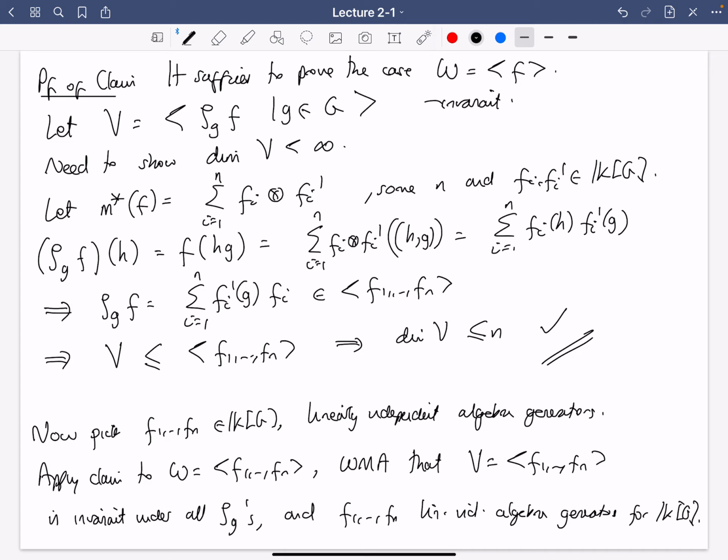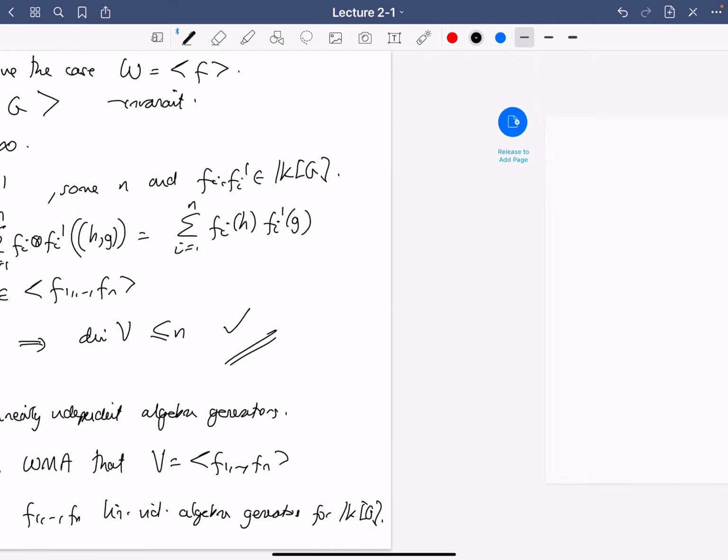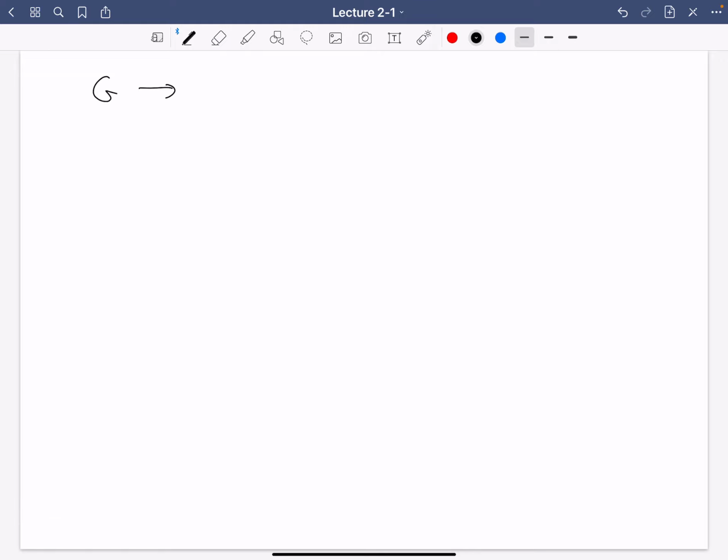Okay, so that claim is how I concoct this finite dimensional vector space, and then I'm going to look at this homomorphism from G to GLV, sending g to this right translation restricted down to V. This then is a group homomorphism. And if this V is of dimension n, this is how I'm going to realize G inside some GLn. It's going to be the n that is the dimension of this V.